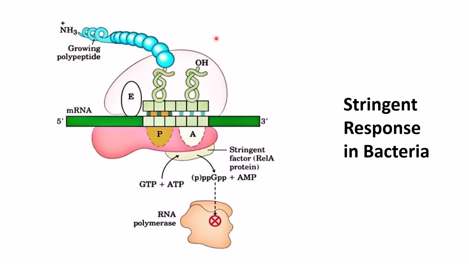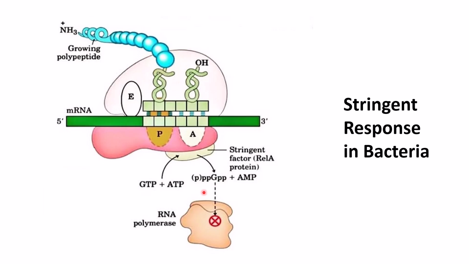And this stalled ribosome will activate the RelA protein, a ribosome associated protein, and it will result in the synthesis of ppGpp, which is called an alarmone.